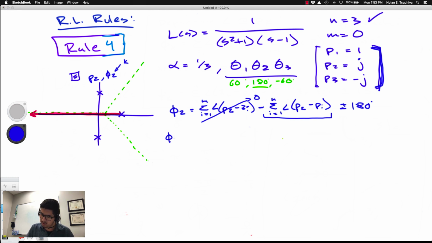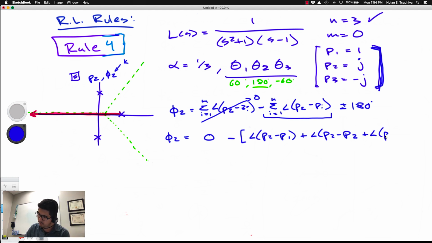Okay, so we can clean this up a little bit. Phi2 is going to be 0 minus a bunch of angles. The angle of P2 minus P1, since i is 1 first, plus the angle of P2 minus P2, because i is incrementing up until you get to a value of n equals 3, plus the angle of P2 minus P3, and at this point I'm done.